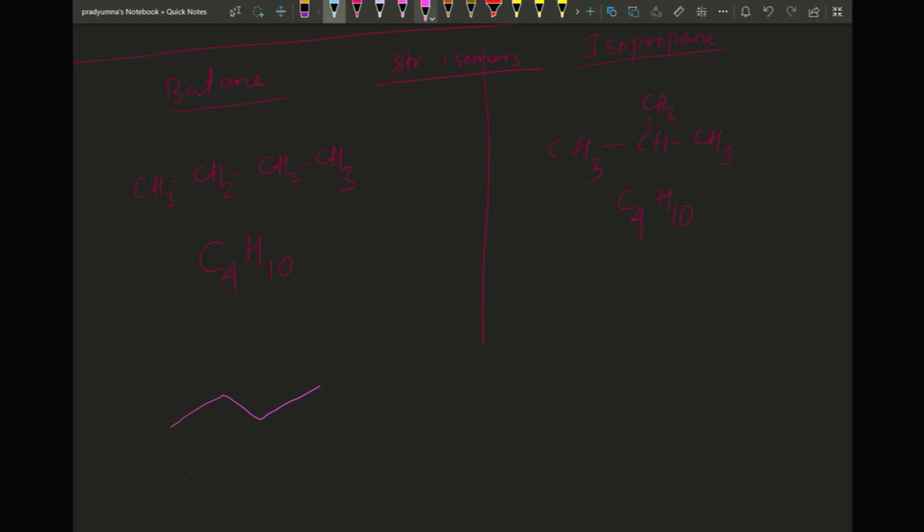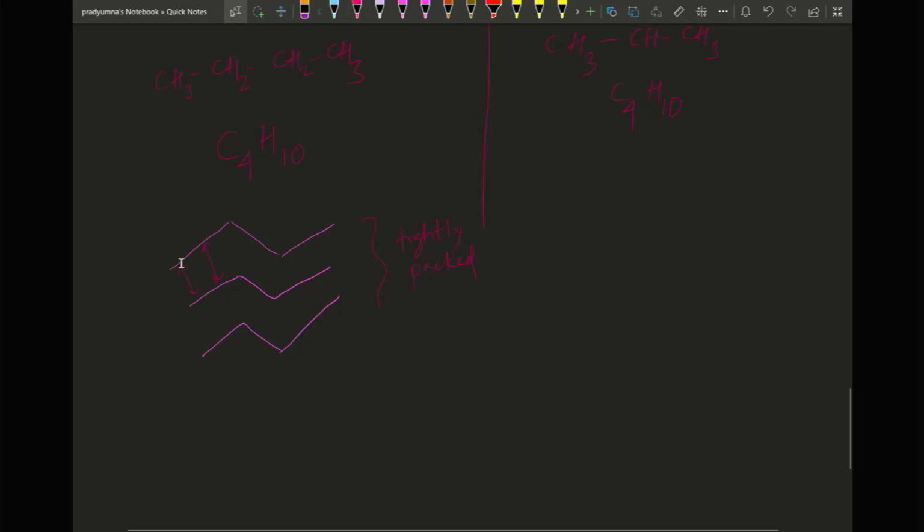Butane can be stacked on top of each other like this, so each of those lines is tightly packed. And what happens during the melting or boiling process? You separate individual molecules far away from each other.